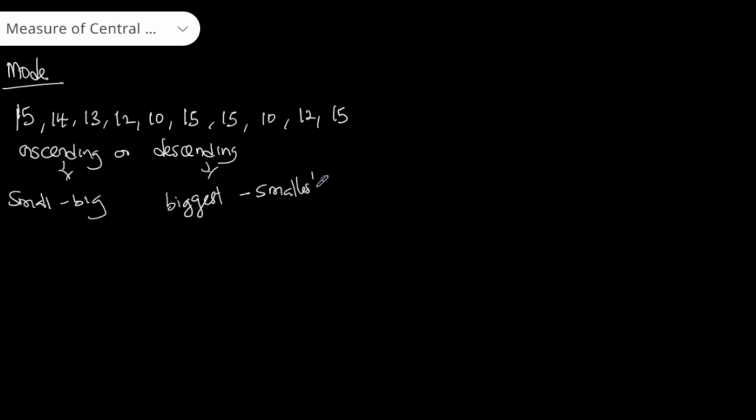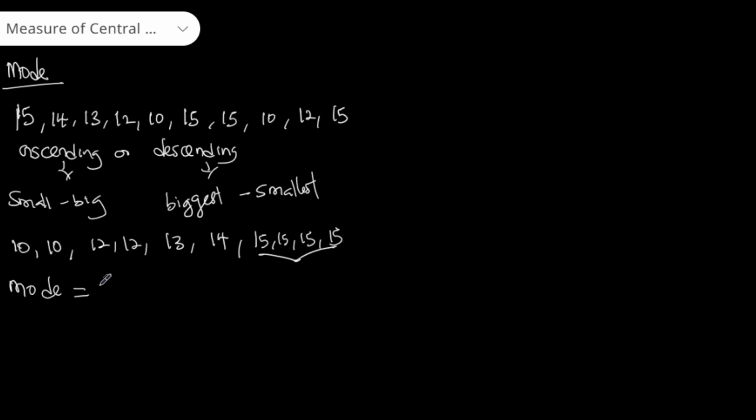Whichever way you arrange, you will get your answer. So I'm arranging in ascending order. I have 10 first, 10 occurred twice, 12 occurred twice also, 13 occurred once, 14 occurred once, and then 15 occurred 4 times. So we have 15, 15, 15, and 15. If you look at it, you realize that 15 is the number that occurred the most. So we say that the mode is equal to 15.